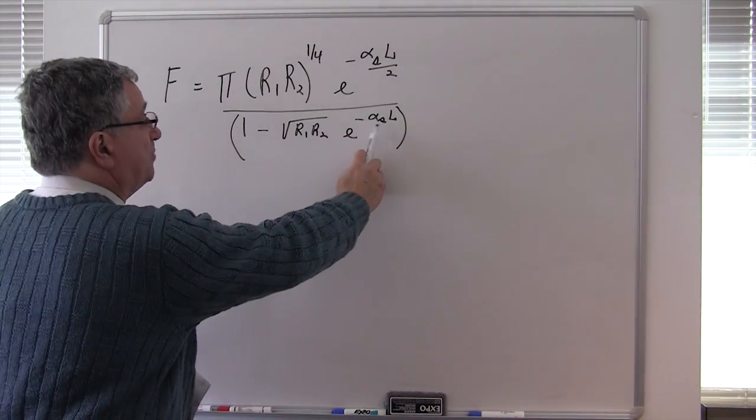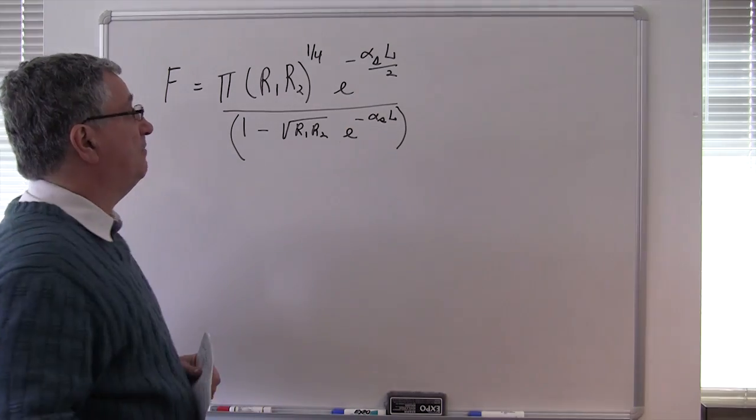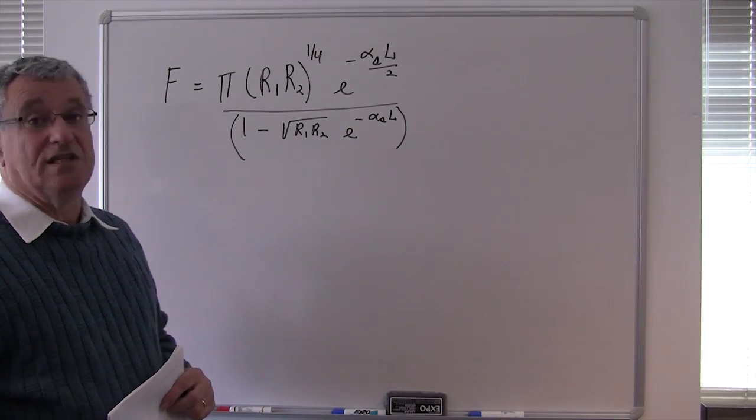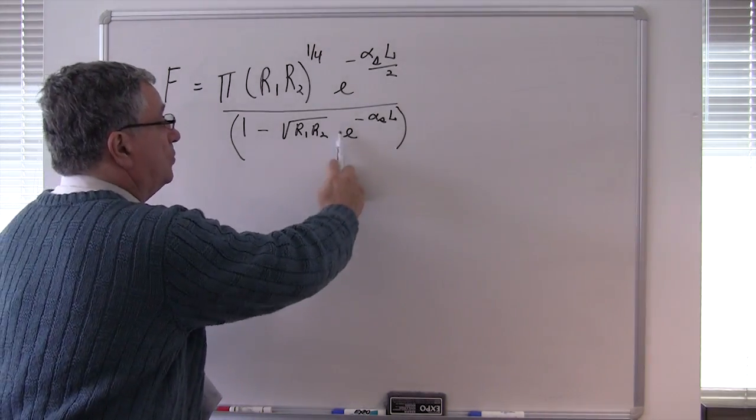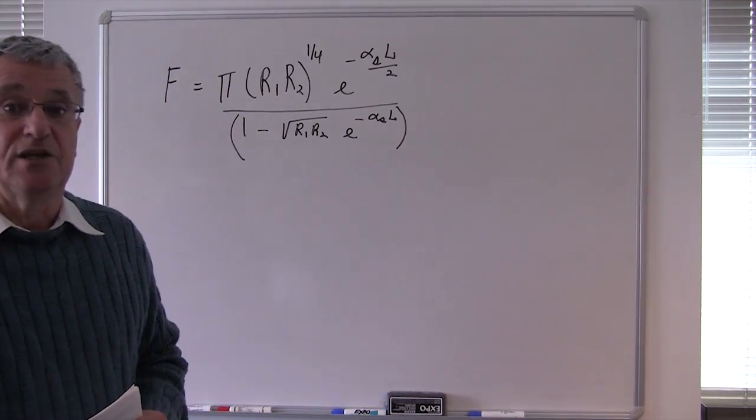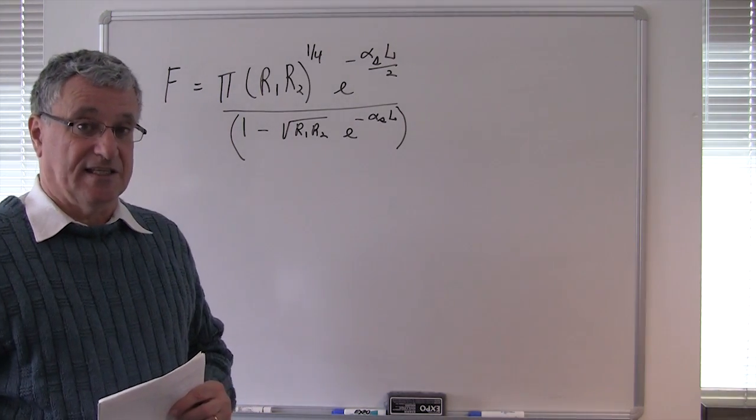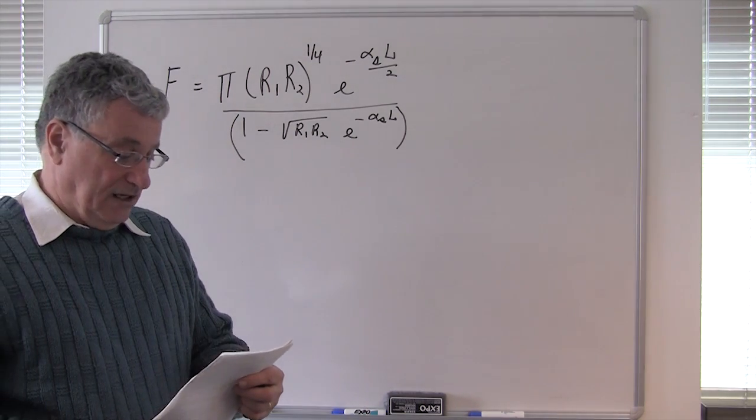If there is no background absorption, then e^(-alpha_s L/2) is equal to 1, and this is also equal to 1, and we get back the previous expression for the finesse in the case when you don't have any loss.